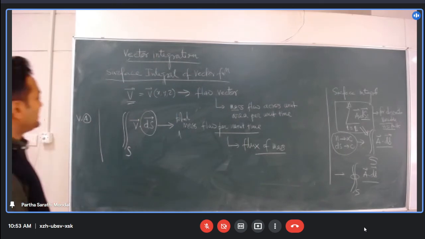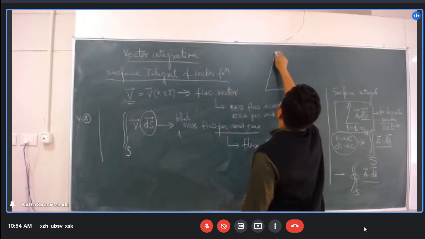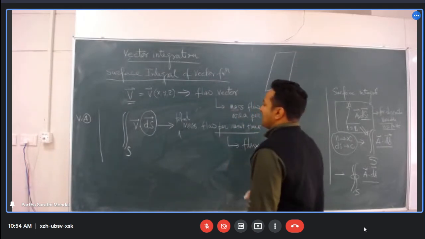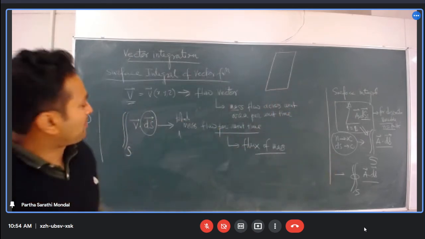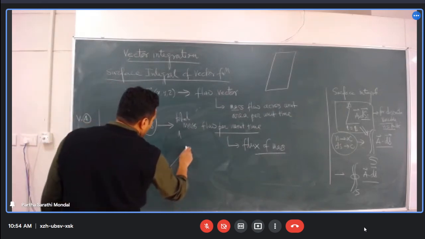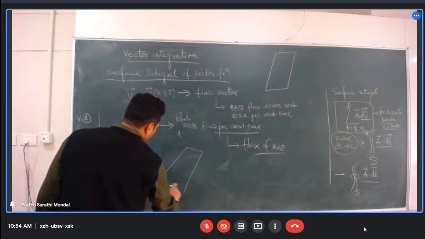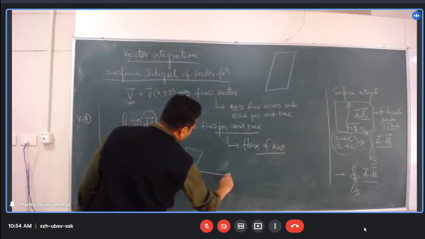So what is the meaning of that? Let's say we have a surface like this, and I will draw it properly. So let's say this is a surface, and a flow is happening like this.